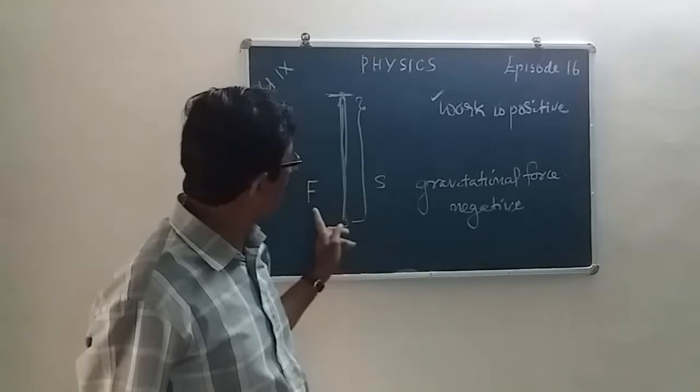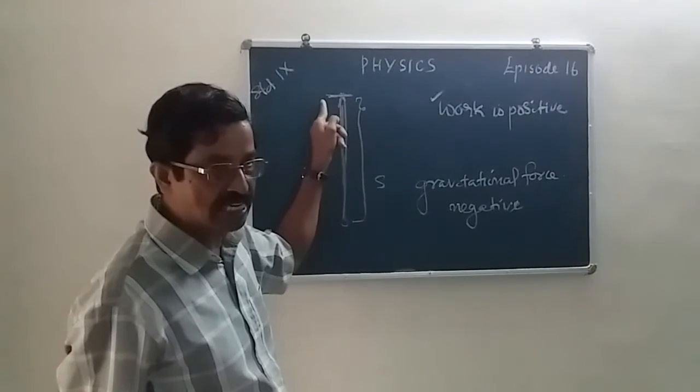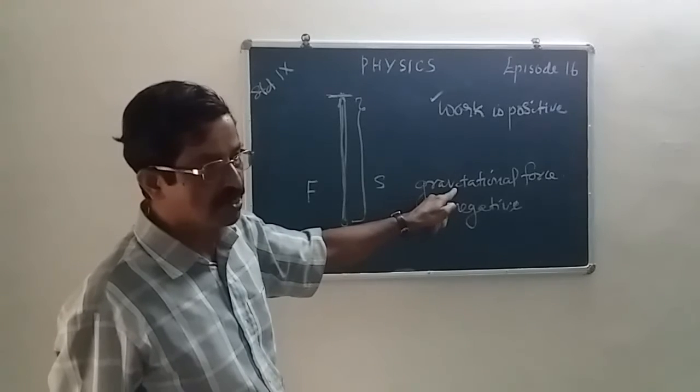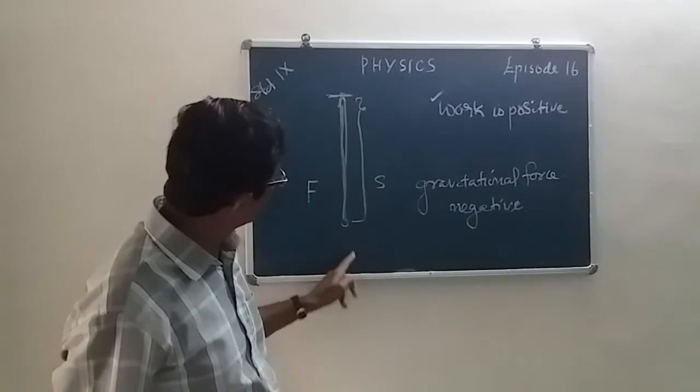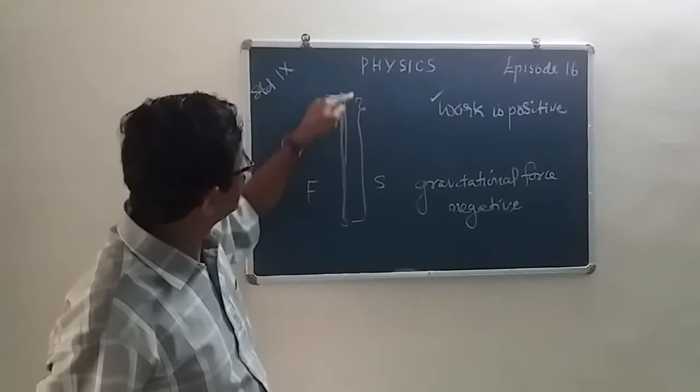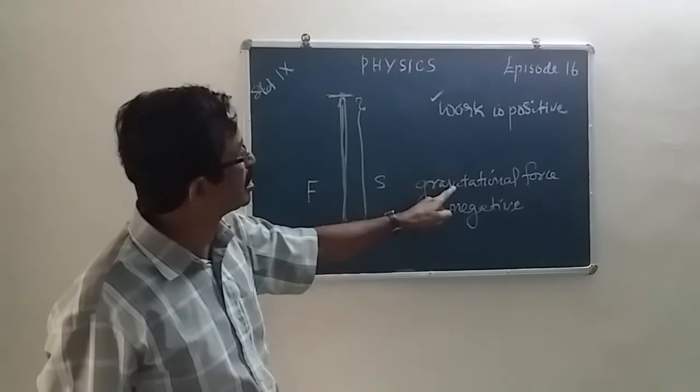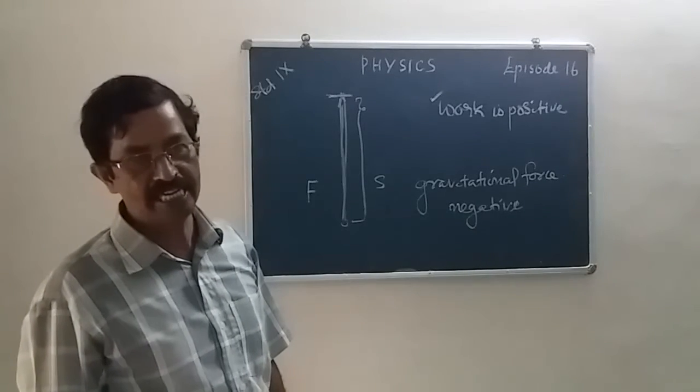That means force and displacement are in the same direction. But when we consider the gravitational force, it is downward and displacement is upward. So the work done by the gravitational force here is negative.